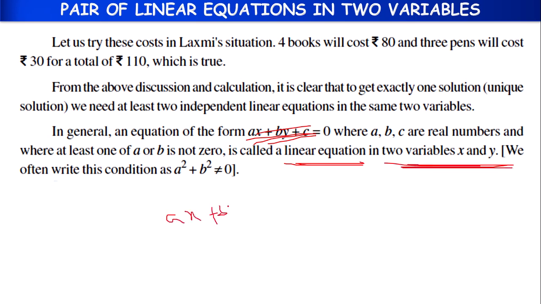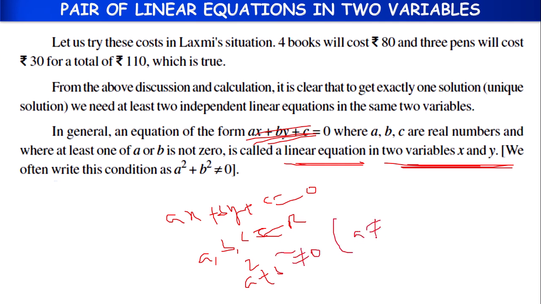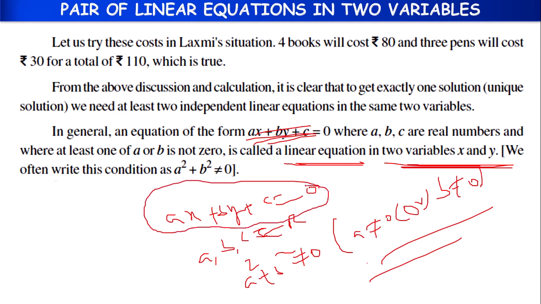So ax plus by plus c equal to 0, where a, b, c belong to R, where a square plus b square is not equal to 0, which means a is not equal to 0 or b is not equal to 0, which means at least one of them is not equal to 0, then ax plus by plus c equal to 0 is considered a linear equation in two variables x and y.